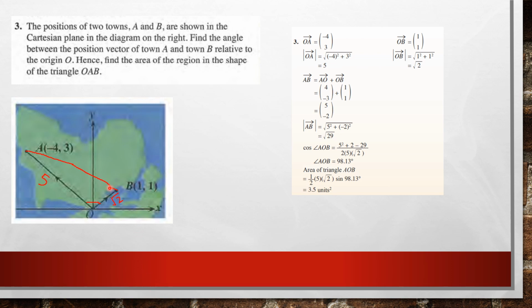But another formula that you can use: you know all the sides AB, OB and OA, so you can use Heron's formula. You find the semi-perimeter, then you use Heron's formula. You will get the same answer.